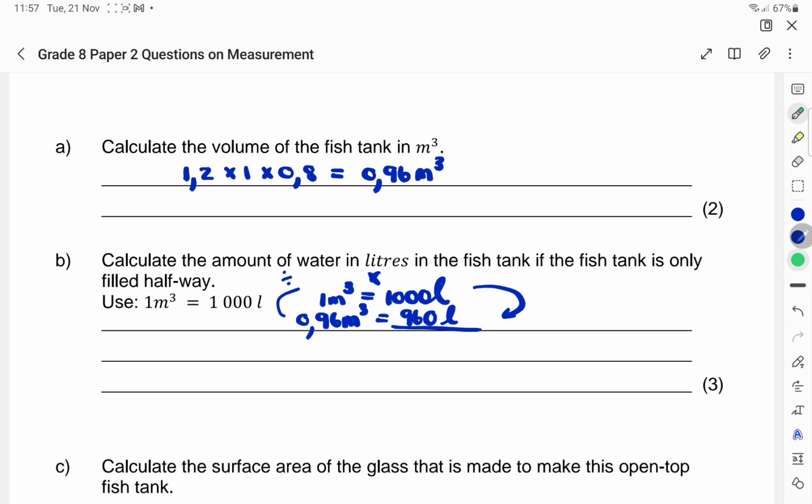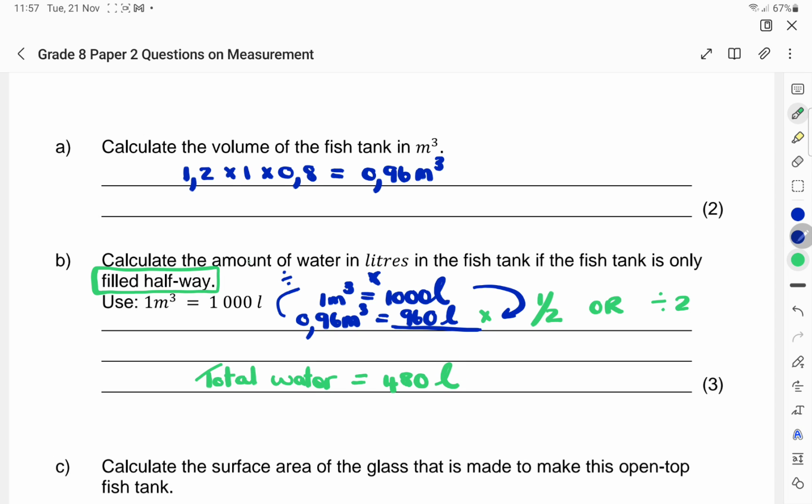But very important, it's filled halfway up. So if it's halfway up, you can times it by a half, or you could just divide it by 2. Okay, so then the total water is equal to 480 liters.